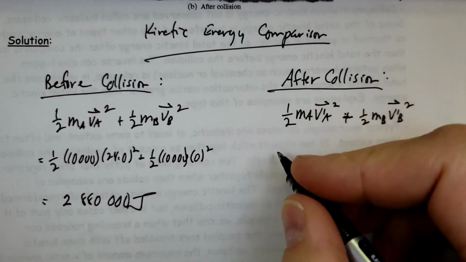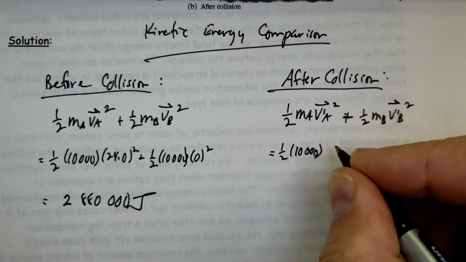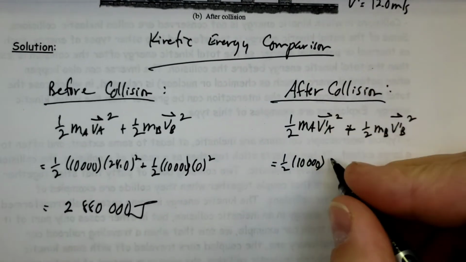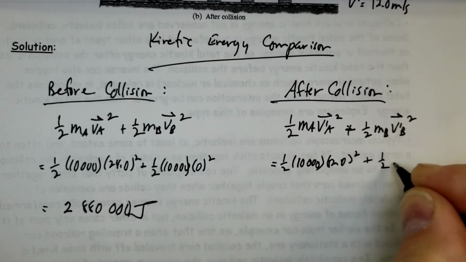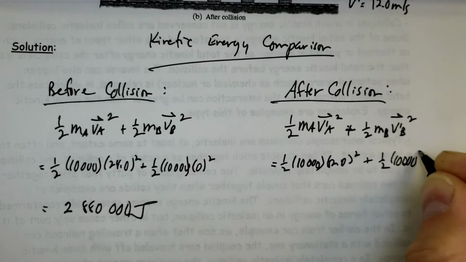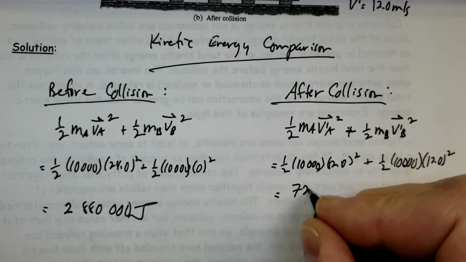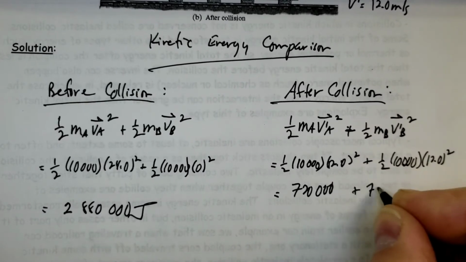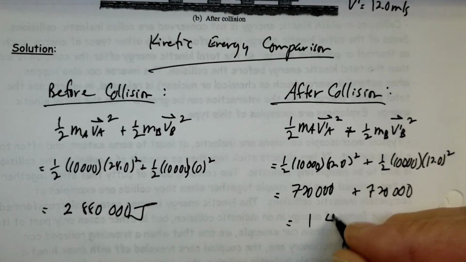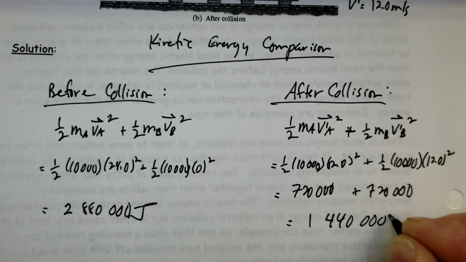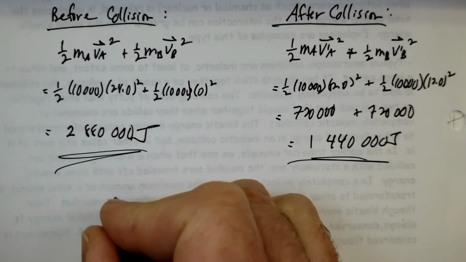Now if you look at what happens after, 10,000, now they're moving together at 12, and B is moving at 12. Of course, we're going to square that. 720,000 and 720,000. So we see 1,440,000 joules.